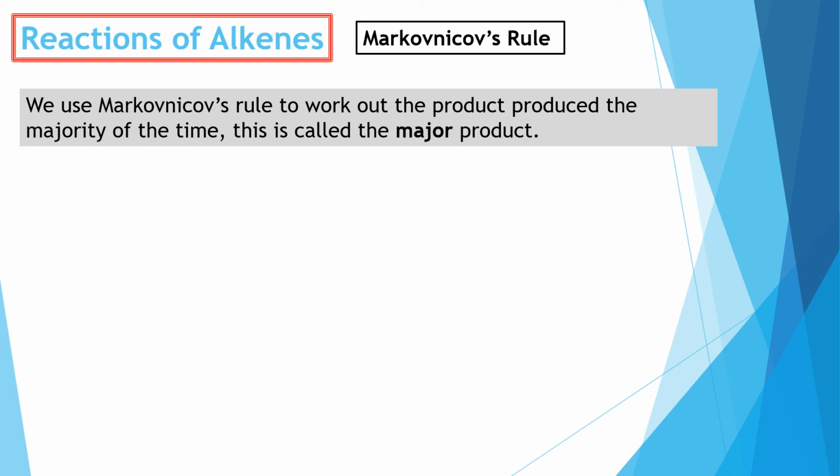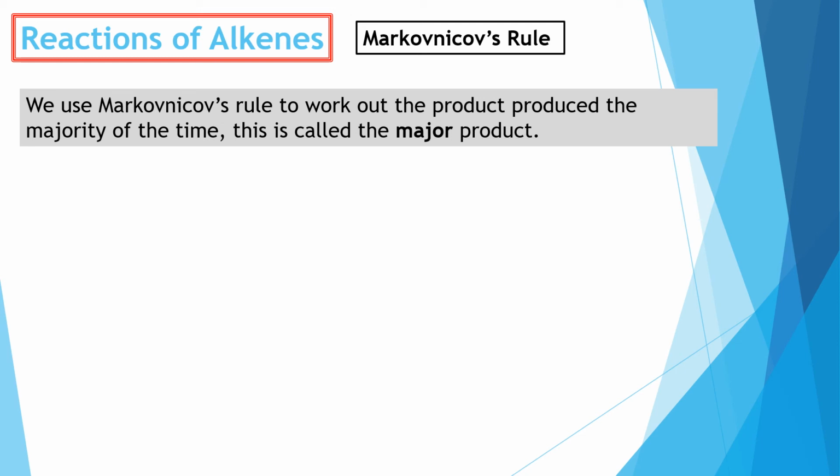You have the potential to make both versions of the product. You can make the 1-chlorobutane or the 2-chlorobutane, but one of them is more likely to happen, and we get it the majority of the time, and that's called the major product.